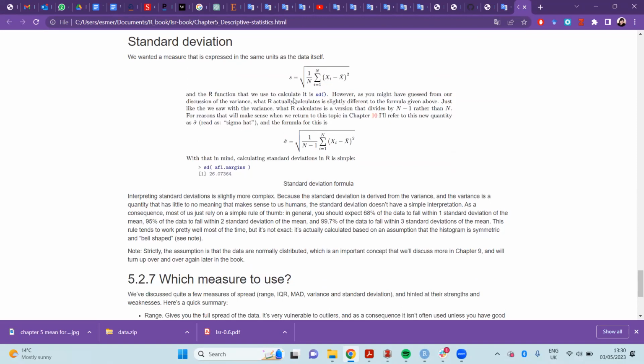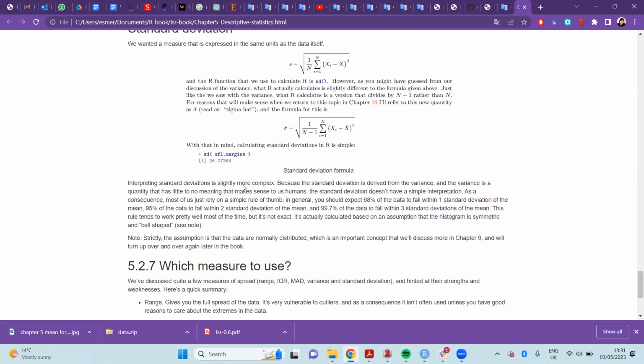The standard deviation can be seen as the square root of the variance. Here we have the square root of the variance, and here we can start to see that there is a difference in the formulas for estimating the standard deviation for a population or for a sample of the complete population.